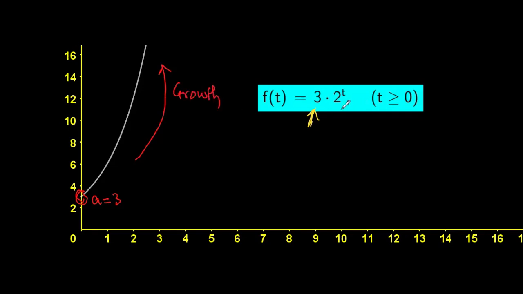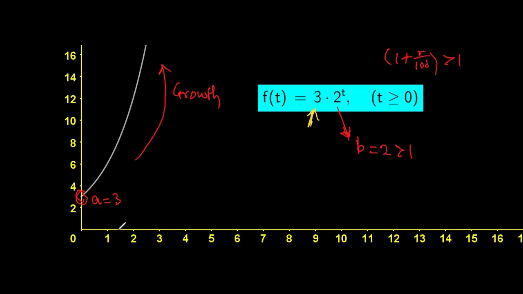Also notice, like we said, b here is equal to 2, and this number is greater than 1. So each time b is greater than 1, or each time 1 plus r over 100 is greater than 1, what it measures is growth, just like we've seen from this graph.